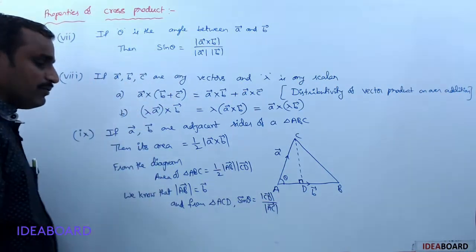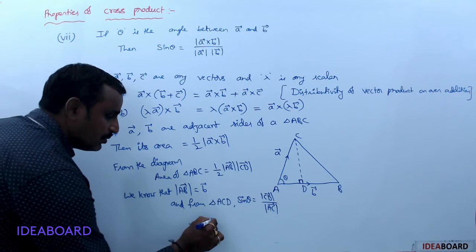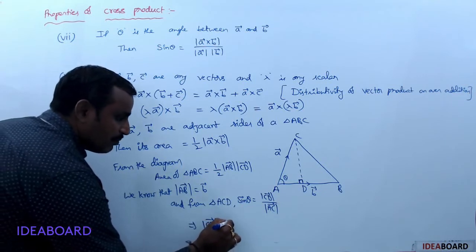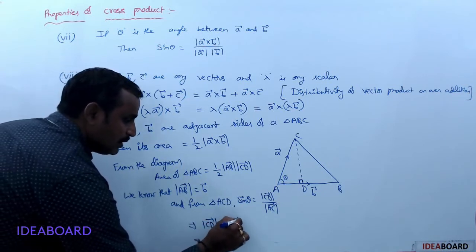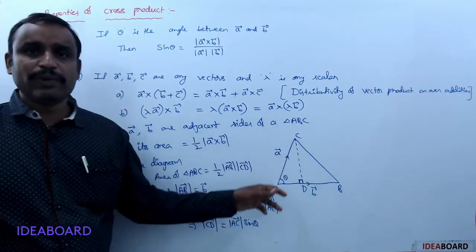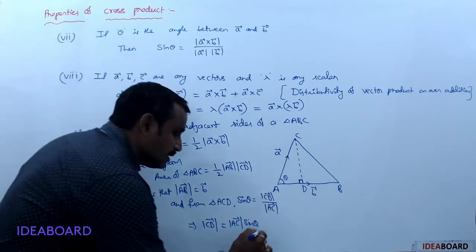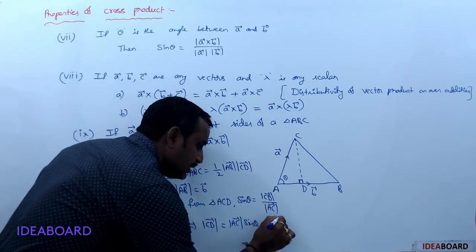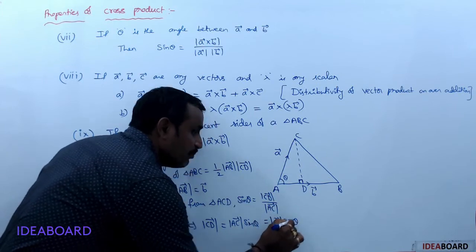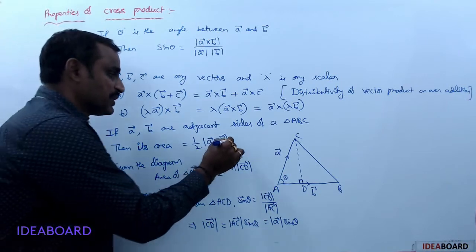So from this, magnitude of CD bar is equal to magnitude of AC bar into sin theta. Magnitude of AC bar is equal to magnitude of a bar. So this is equal to magnitude of a bar into sin theta. So now this is equation number 1.